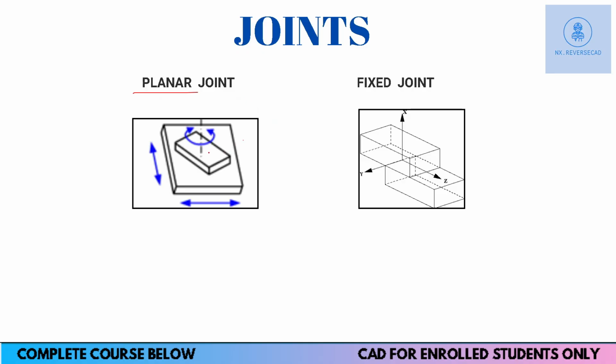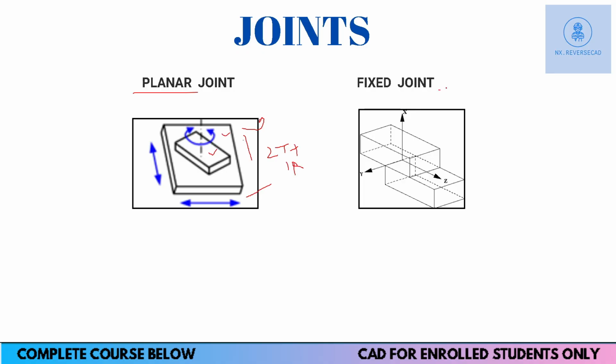If you see this body here, it is resting on this body actually. So this body can translate in this direction, as well as rotate about its own axis. So it has 3 degree of freedom, 2 translational plus 1 rotational, right?